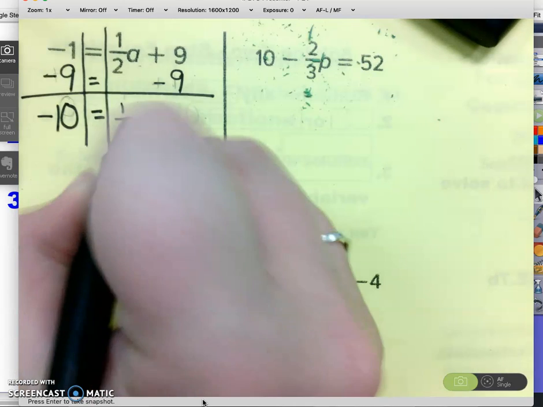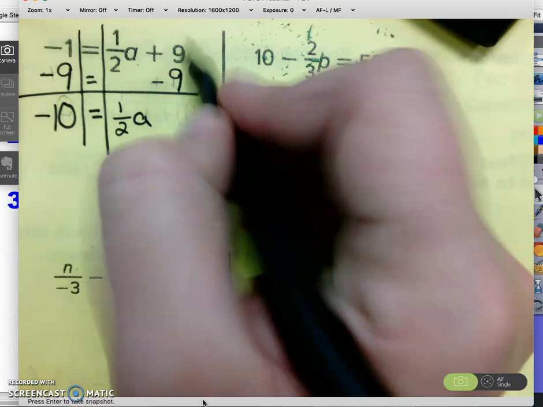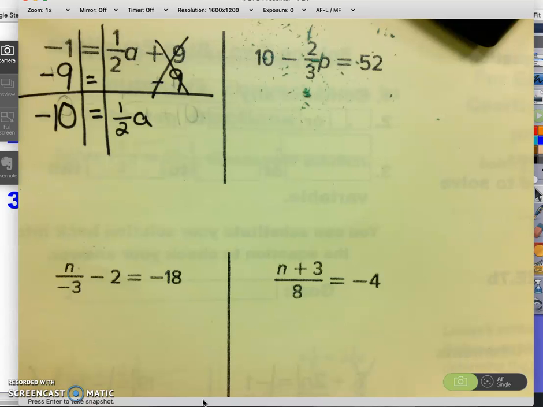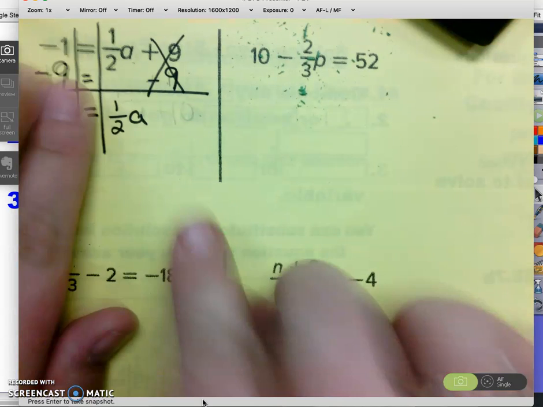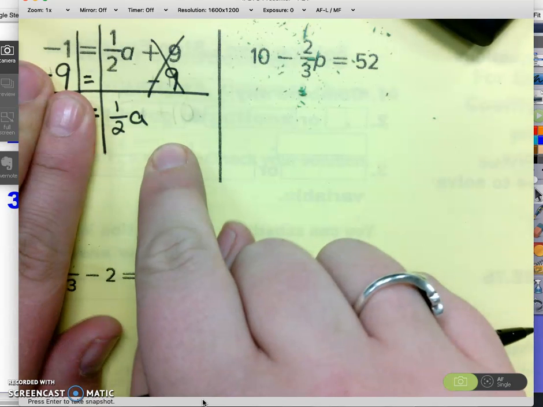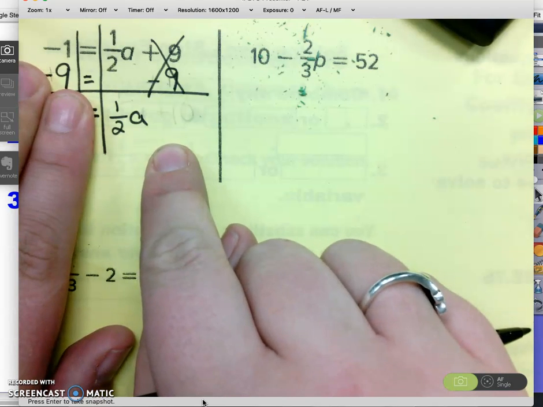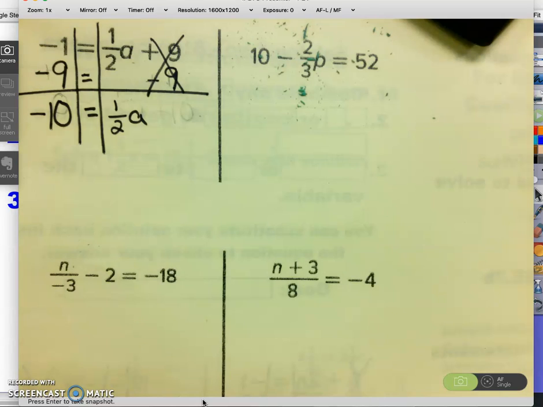I get 1/2 a left on that side because this goes away. Now, a lot of kids will say, well, it's 5, right? Because they do 1/2 of 10, and that's 5. Go back to this problem. 1/2, you're saying that a is 5. 1/2 of 5, is that 10? No. So how do we get rid of that 1/2?